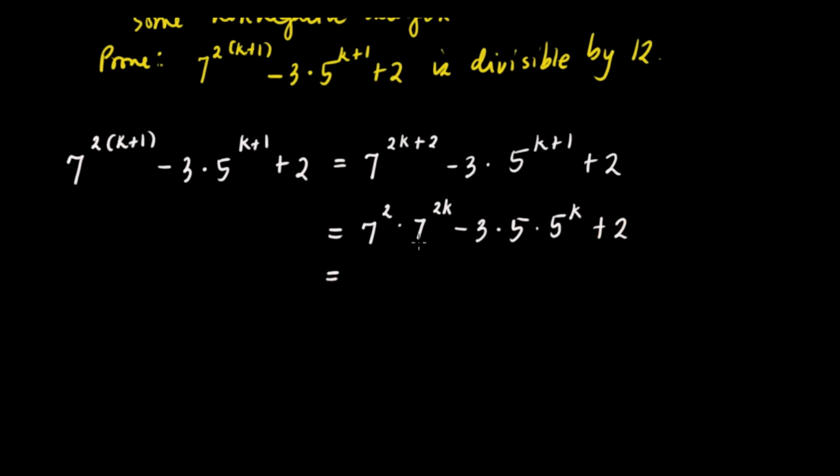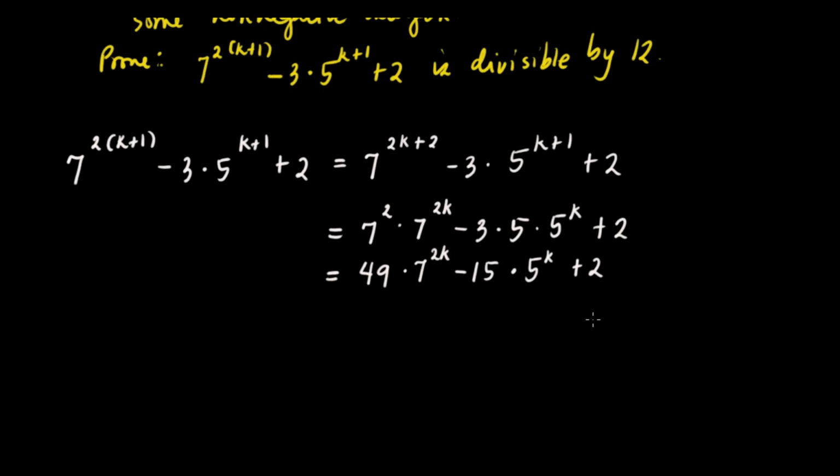And this one is 49 times 7 raised to 2k minus, this is 15. 3 times 5, it's 15 times 5 raised to k plus 2. Okay. Actually, ang goal natin for divisibility is to show that this is divisible by 12.